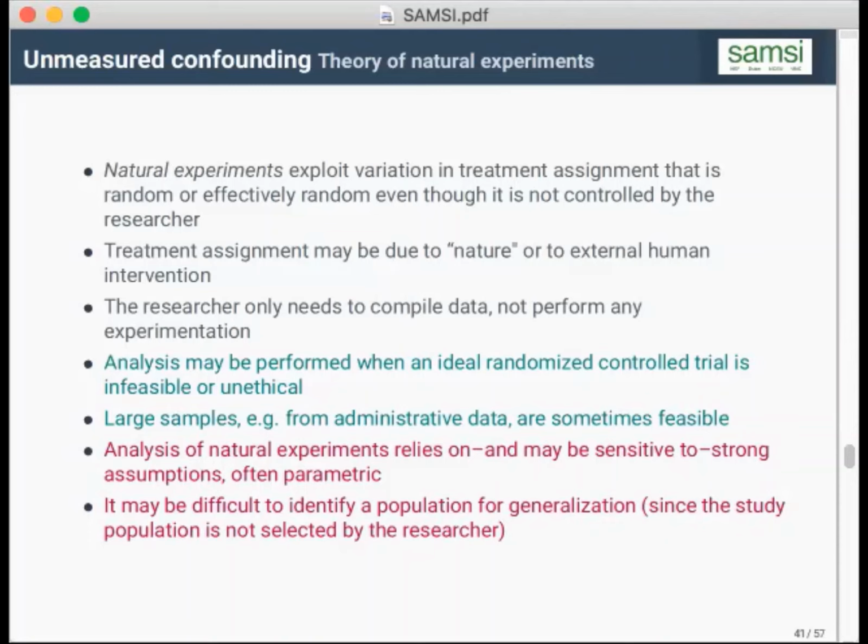It can be really easy to obtain quite large samples for natural experiment analyses, for example, using administrative data. But all natural experiment methods rely on strong assumptions, often parametric, that have to be assessed very carefully in order to believe causal inferences that come from these methods.